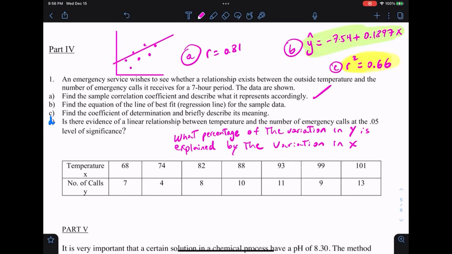The R squared tells you basically what this line explains with respect to the variability.